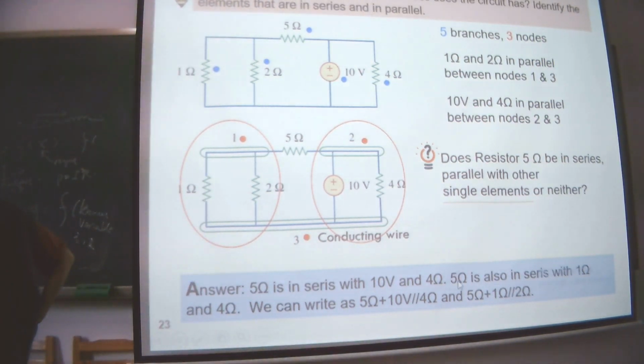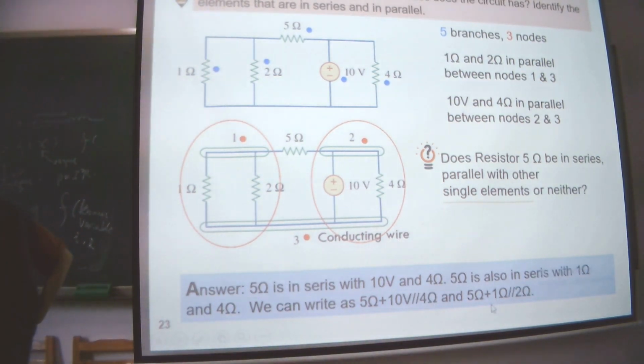For simplification, we can write this relation with a plus to stand for series and a double slash to stand for parallel. So we can say the 5 ohm is in series with the 10 volts parallel 4 ohm.